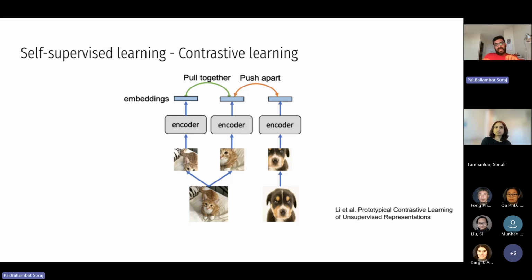You could have the same cat image, but warped. So you induce these different transformations or augmentations. Here you have the upper left part of the cat, and here you have the bottom right part of the cat. But essentially, these two are coming from a single cat image, and you know this because you've induced these augmentations from a single image.